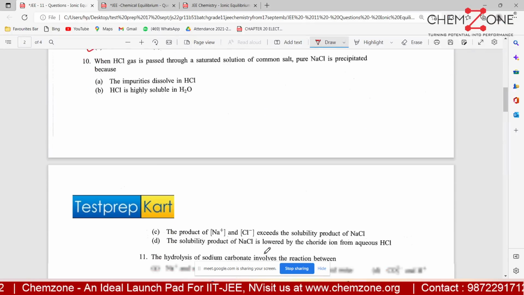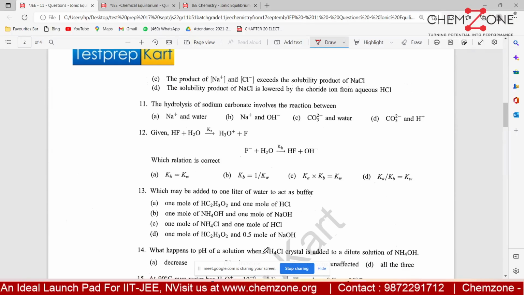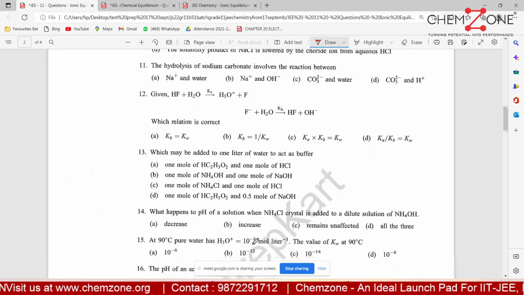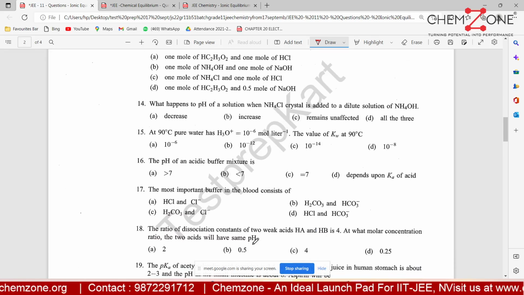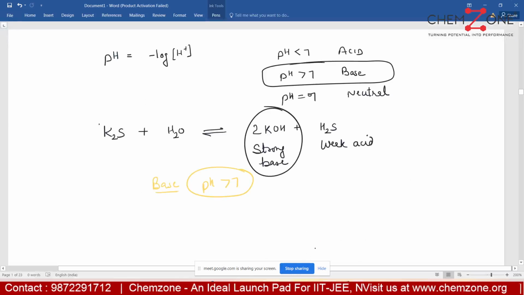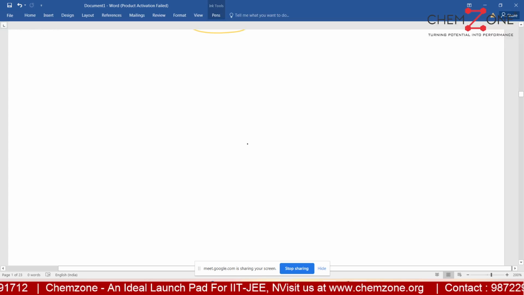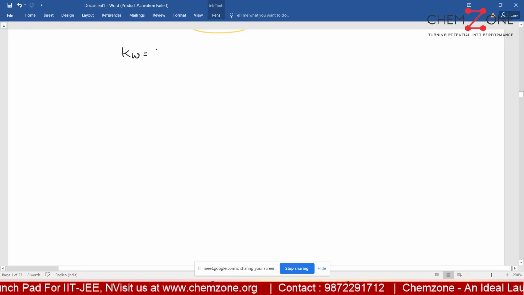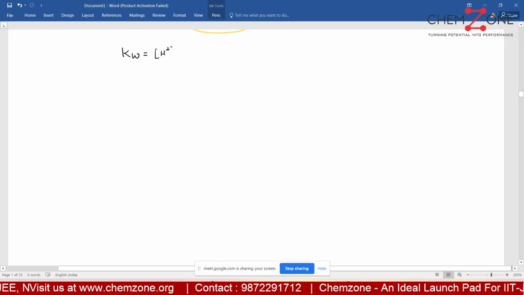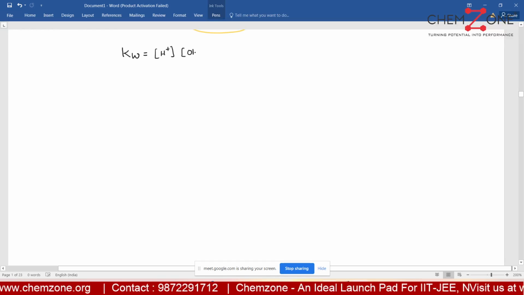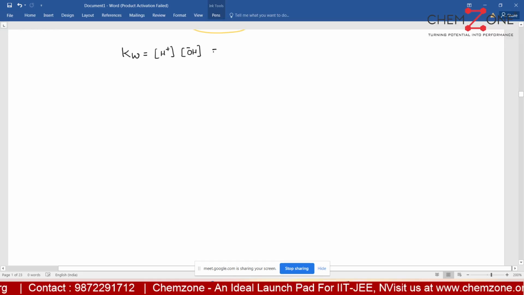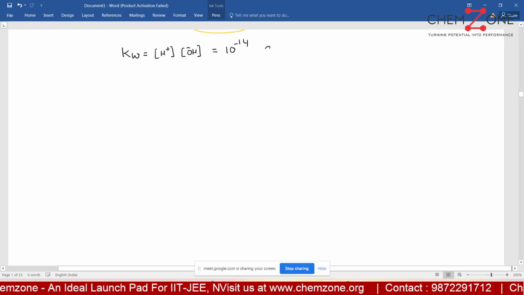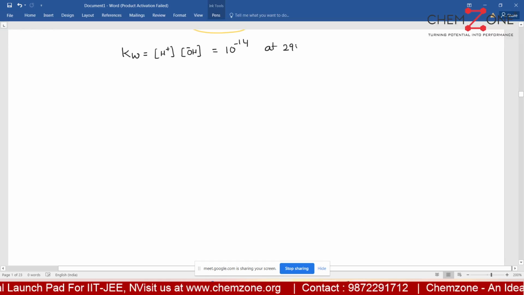Now let us understand the Kw value. Kw is equal to hydronium ion concentration times OH ion concentration. That is equal to 10 to the power minus 14 at 298 Kelvin.